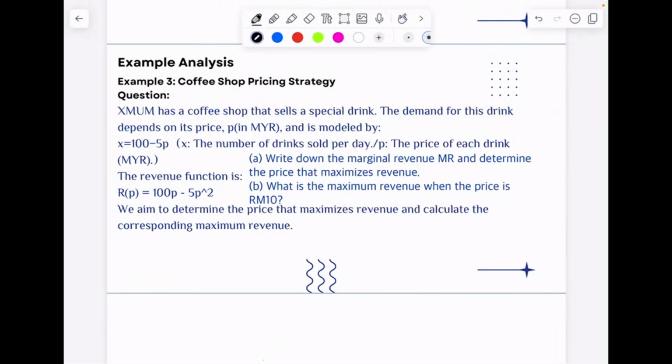We know that x is the number of drinks sold per day, P is the price of each drink, and x equals 100 minus 5P. For the first question, we need to write down the marginal revenue and determine the price that maximizes revenue.